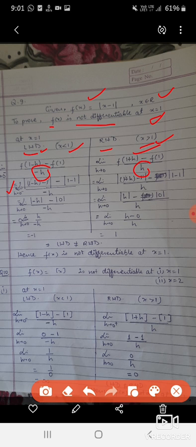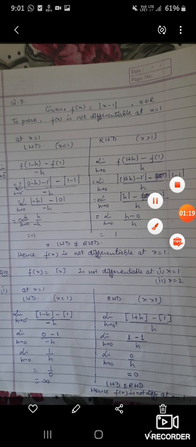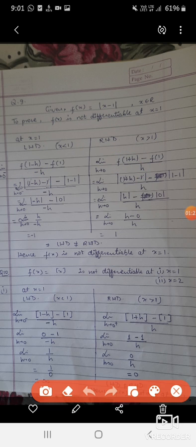Upper side also, f(1 minus h) and f(1 plus h). So see the difference between both. First difference is 1 minus h, and for RHD 1 plus h, and downside minus h, and for RHD positive h. So this is your formula.